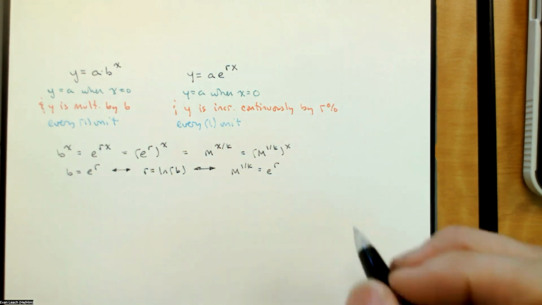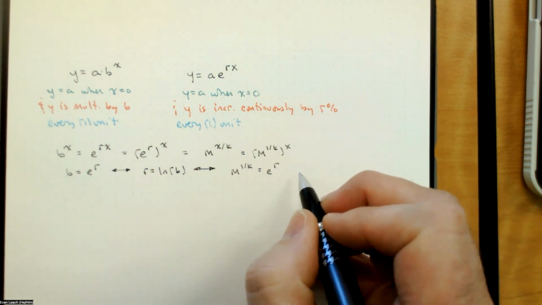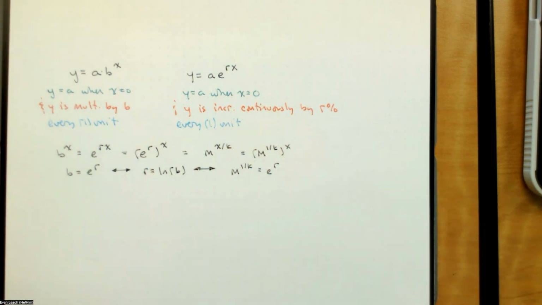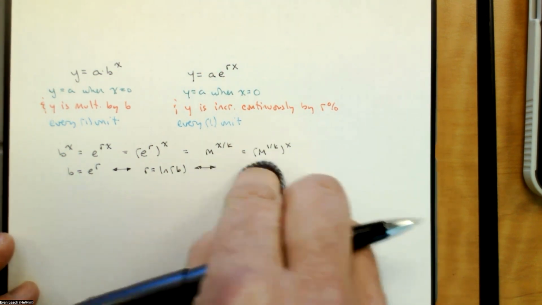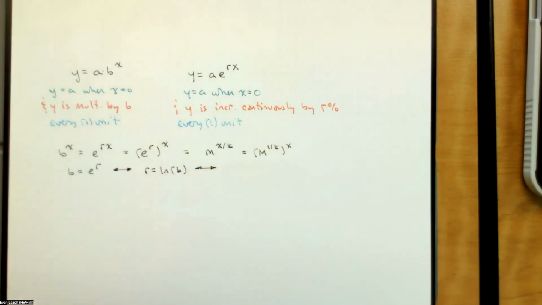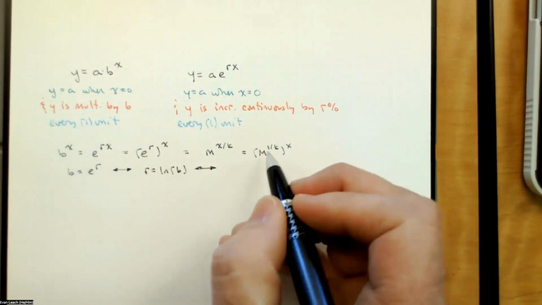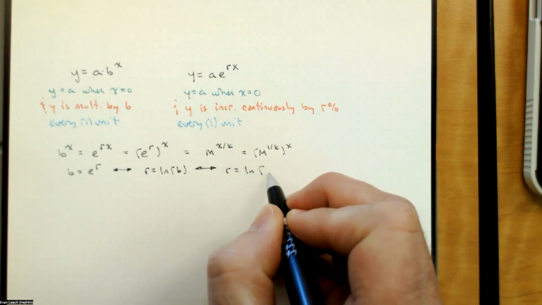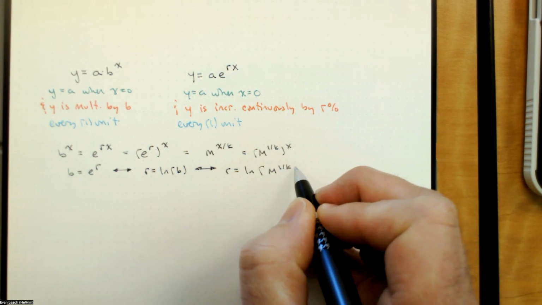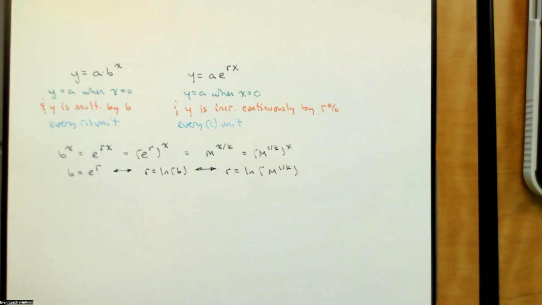So from here, we would want to write, it's going to replace the b. I don't like this one sitting in the line. Get out of here because you're not solved for any one piece. Since b is this m to the 1 over k, I could say that the continuous growth rate is the natural log of m to the 1 over k. That's more like it.